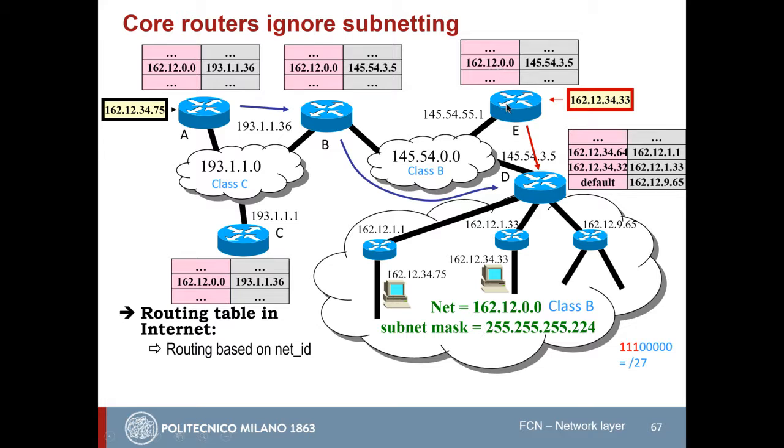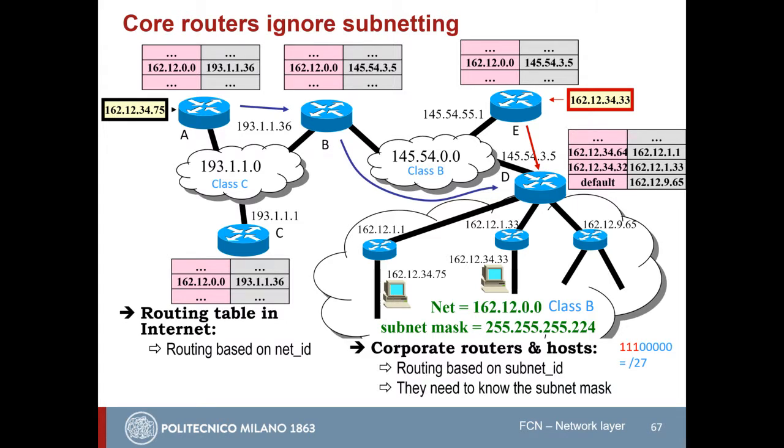So routers E, A, B, and C will send the packets towards router D. Once the packets arrive at router D, they will be routed according to the subnet, because in router D you can see that the routing table is more specific and it has subnetting configured.